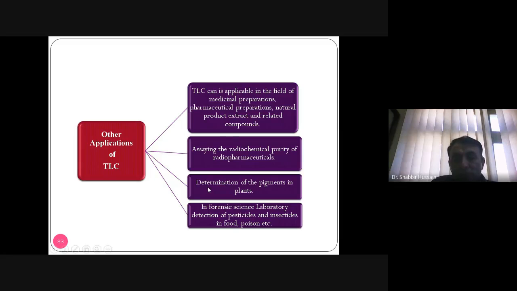Thin layer chromatography is also used for determination of the pigments in plants, right? If you are in plant sciences or animal sciences, we can easily determine the pigments in different plants, right?